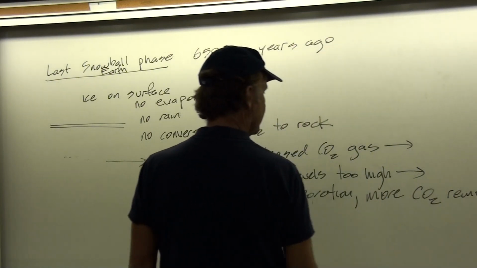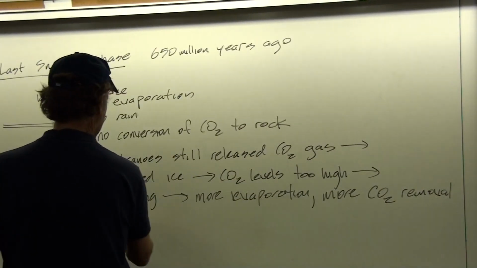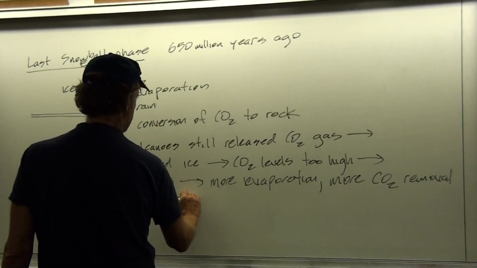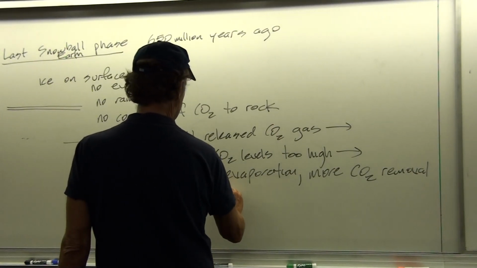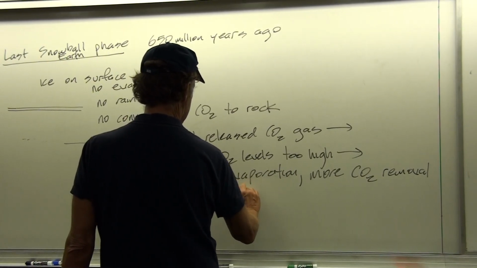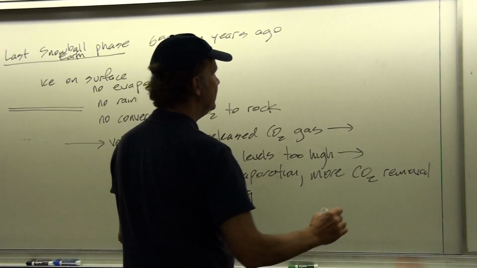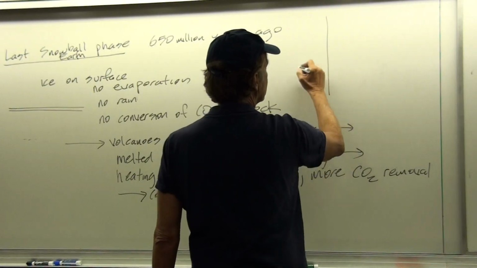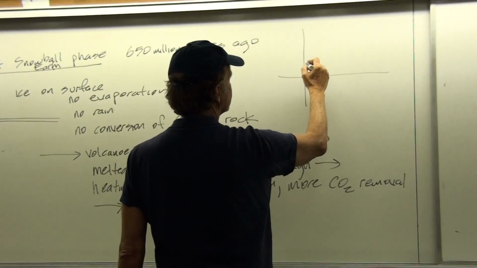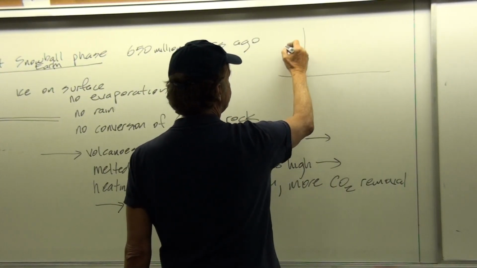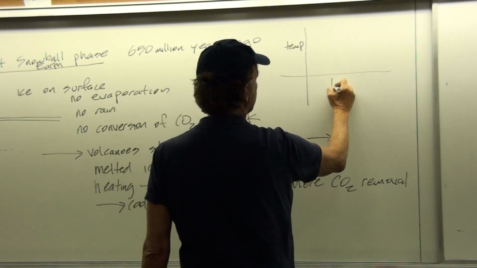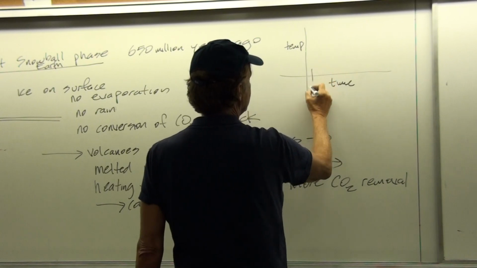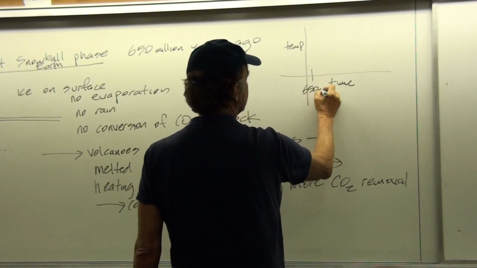Until the CO2 levels were too low. And then we got cooling again. And so this process continued over and over again, going between cooling and heating. But during each cycle, the cooling and the heating processes were a little less severe. So this would be 650 million years ago.